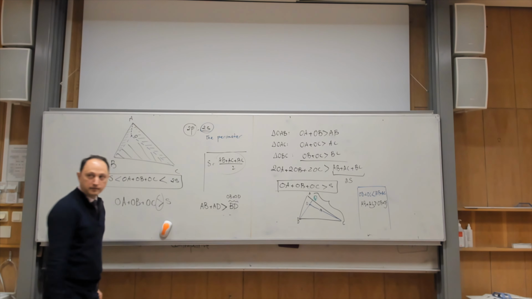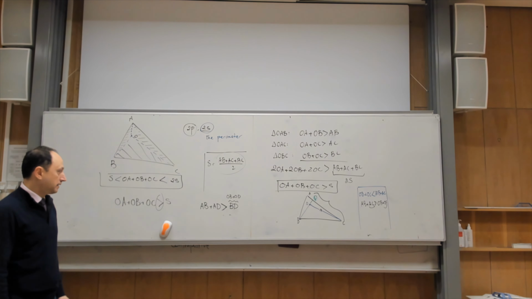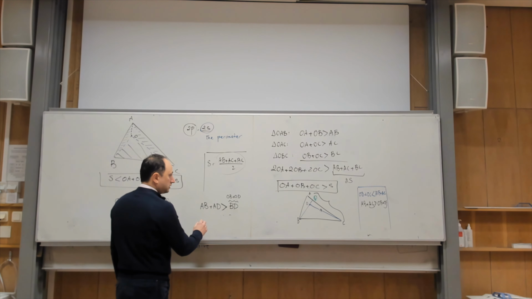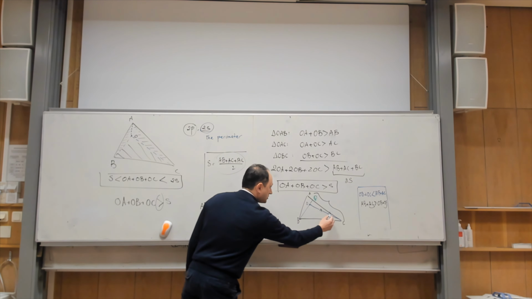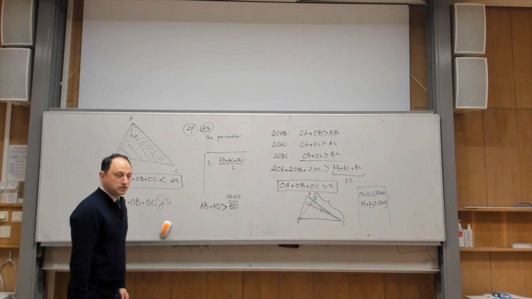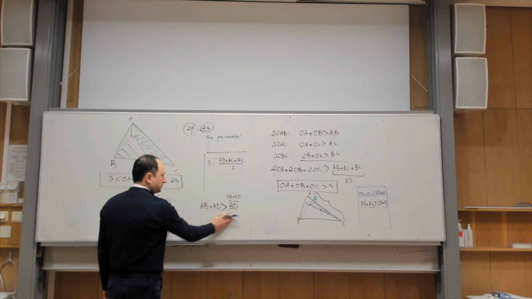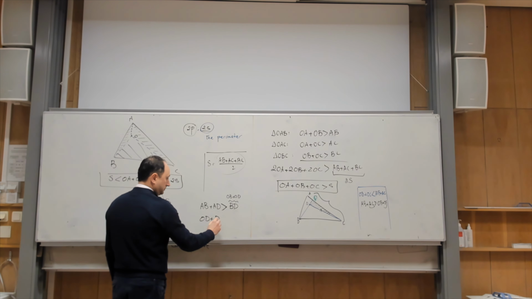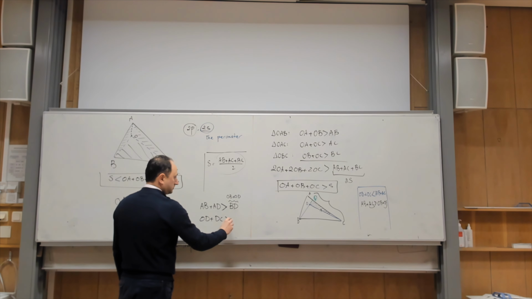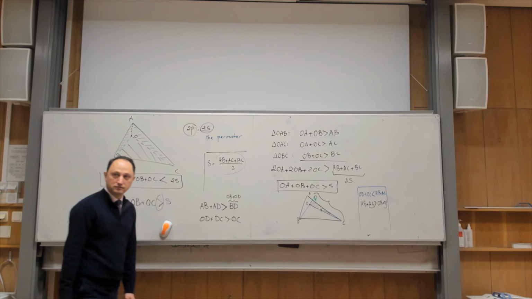Yes, Hafsha? DC plus OD is greater than OC. That is more reasonable. Do you agree? Because now she's concentrating on this narrow triangle, yes? Can you repeat it again? OD plus DC is greater than OC. Yes?